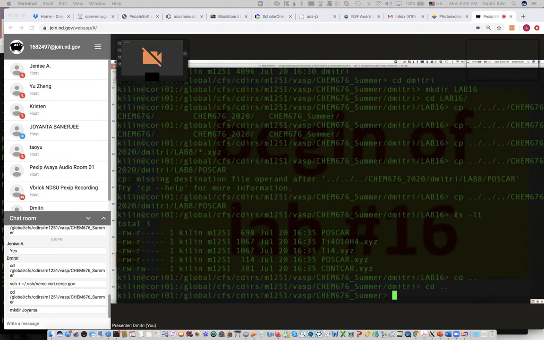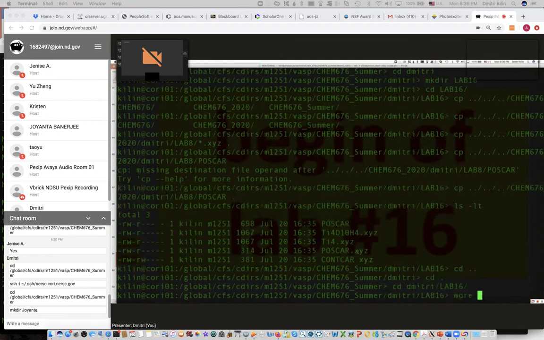Okay, so please copy from my directory these files: titanium4.xyz. Originally we should draw and borrow it from the previous lab, but then time will run out. So I will explain what it is in a second.